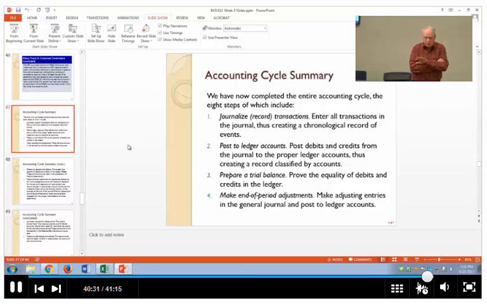Now, I believe week 4 there's a case also. So in other words, we're not meeting next week, but there's a case. And the case also involves the preparation of the stockholders' equity portion of the balance sheet. So we won't meet for 2 weeks, but if you have questions regarding accounting, please feel free to contact me, and I'll get back to you.